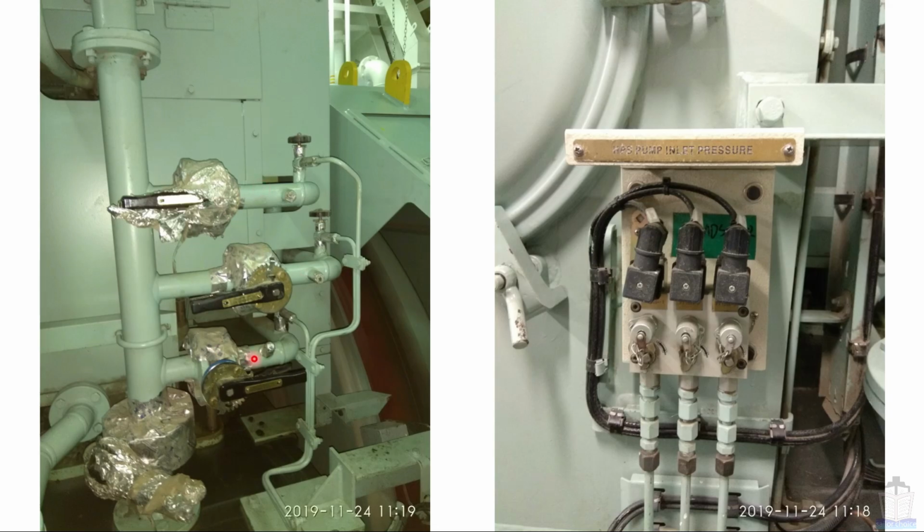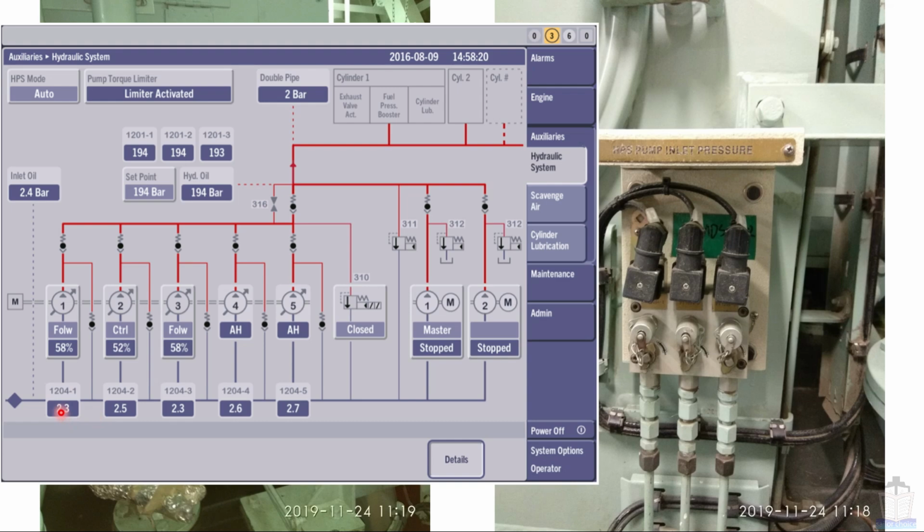These 3 pipes are going to individual engine driven HPS pump suctions. You can also see that some taps are coming from individual pipes, and these pipes are going directly to individual pressure sensors. This pressure sensor is termed as the HPS pump inlet pressure, that is this 1, 2 and 3. Okay, alright.